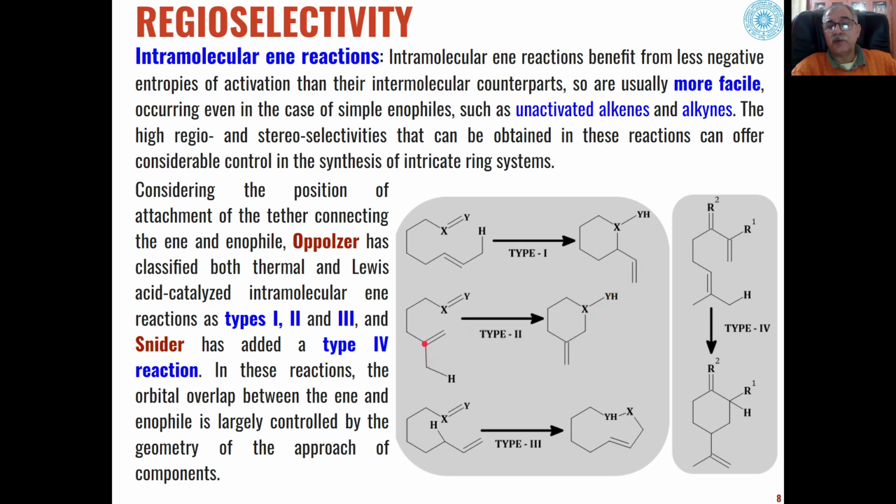Similarly, if we have these compounds in this orientation, then the type 2 intramolecular ene reaction will give you these types of product.